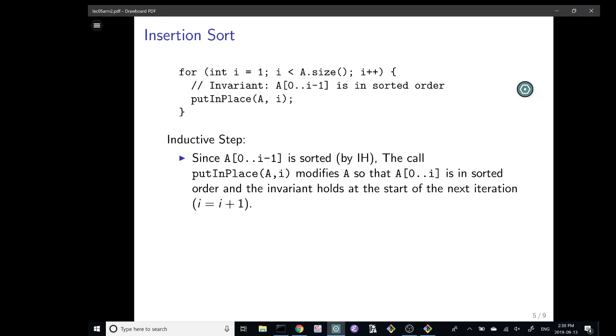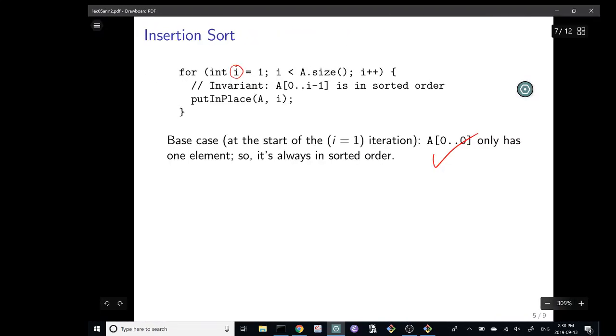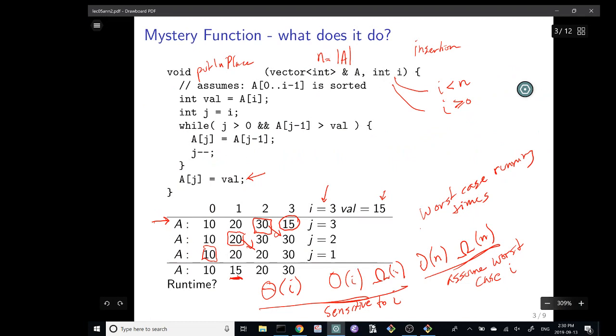No. Back we go. We have to prove this is true. No, we don't. Do you believe it's true? If you believe it's true, what's the loop invariant?